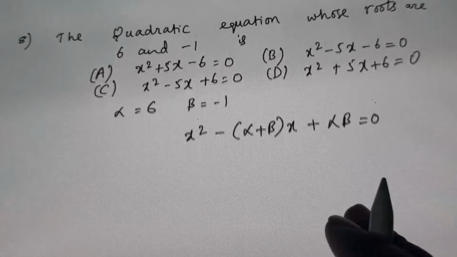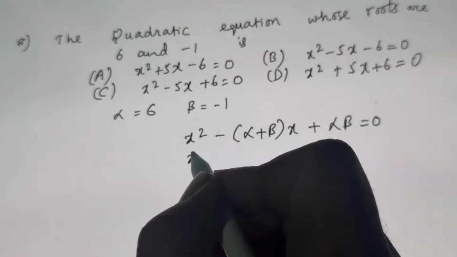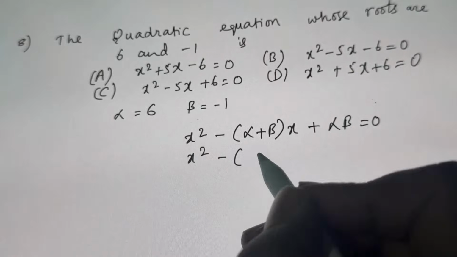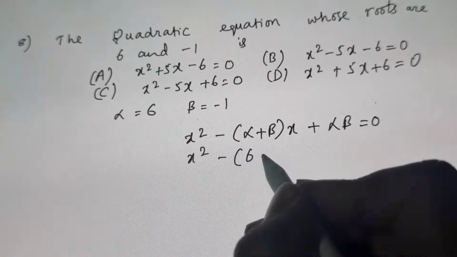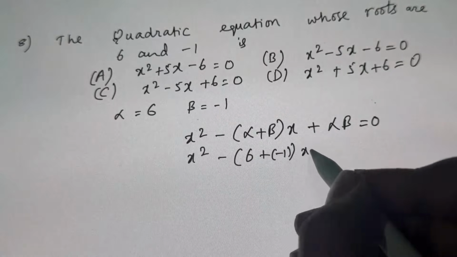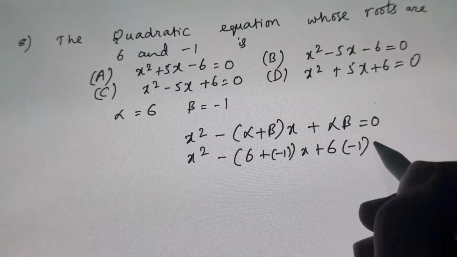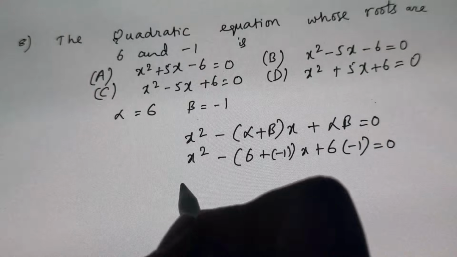Substituting, x square minus (6 plus -1) into x plus 6 into -1 equals 0.